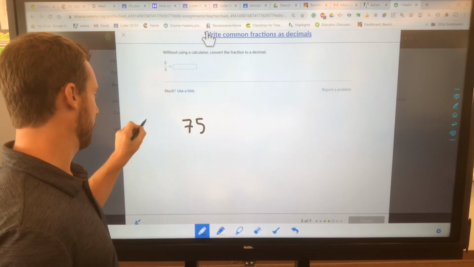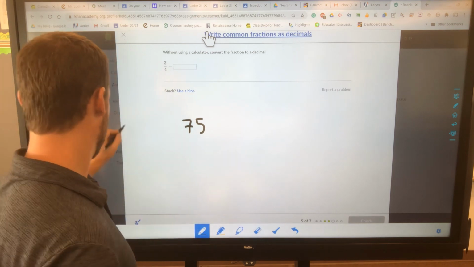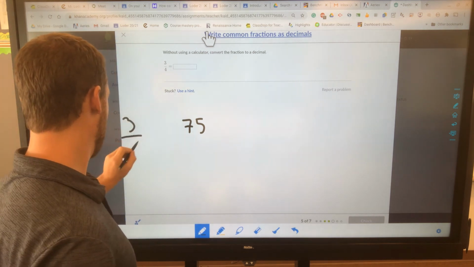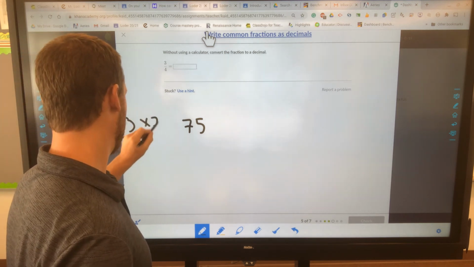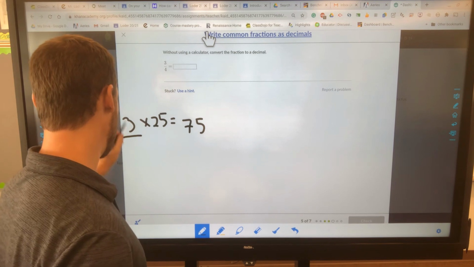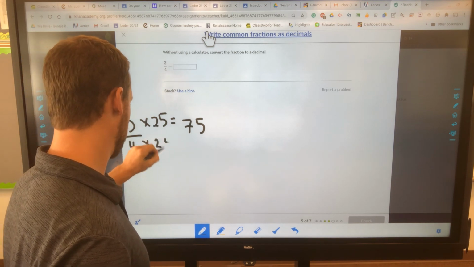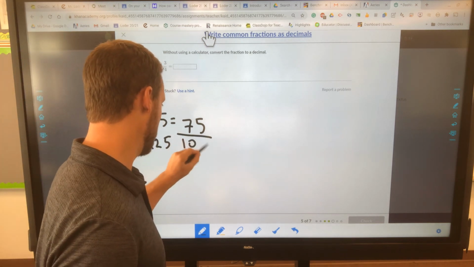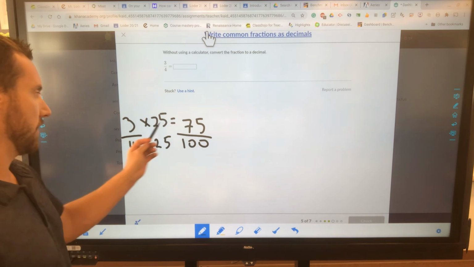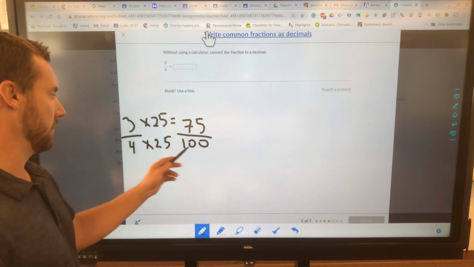Let's write it this way: 3/4, quarters are 25 each, right? 3 times 25 equals 75. And if I have 4/4, that equals 100. So if I have 3/4, that equals 75. If I have 4/4, it equals 100.